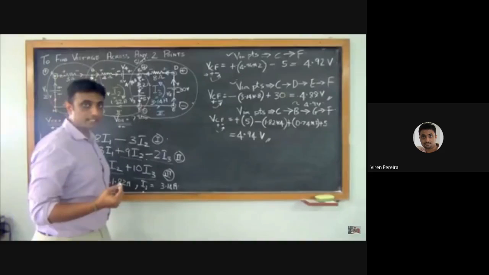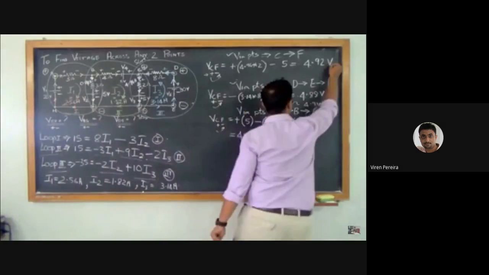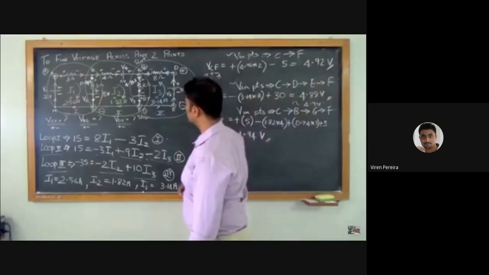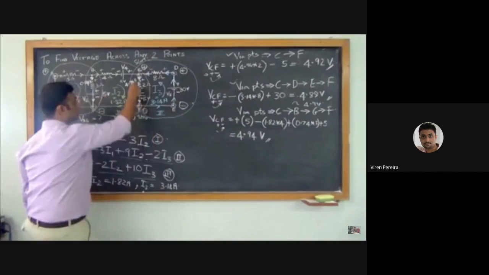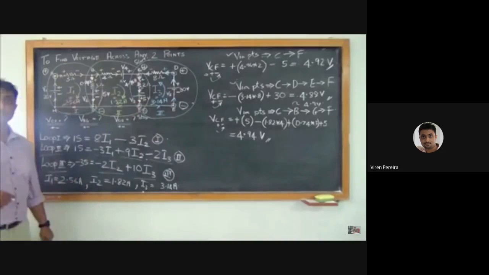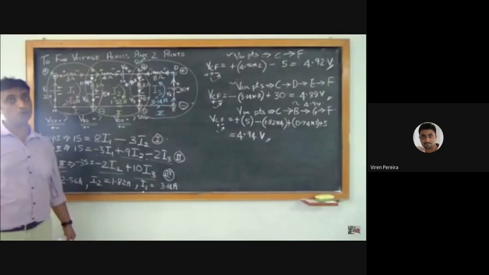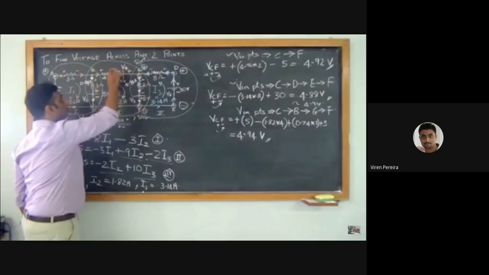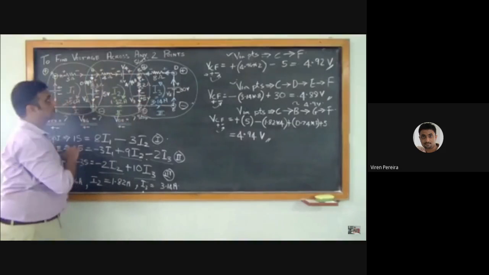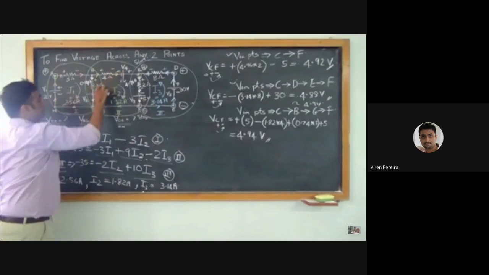But obviously, I would always select the shortest loop, either this one or this one, because it only involves two components. So I can find my answer more quickly as compared to this, because this loop contains more than two components. It has two resistors and two voltage sources.